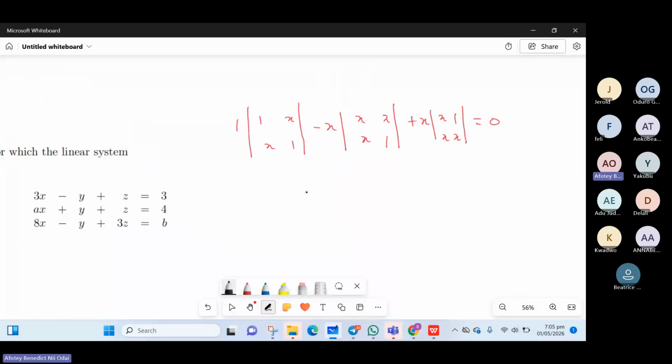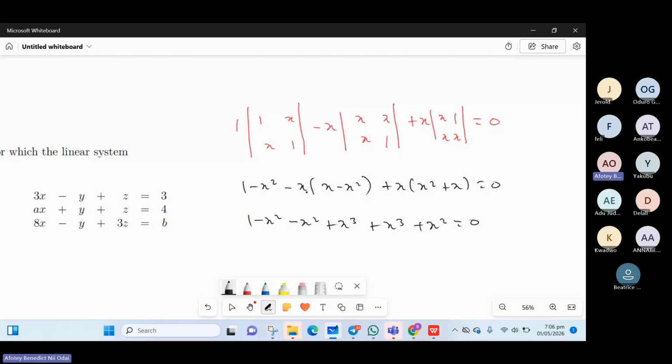So we can quickly go through this. This gives us 1 minus x squared, minus x multiplying the brackets x minus x squared, plus x multiplying x squared plus x, and this is equal to 0. So 1 minus x squared, negative x squared plus x cubed, plus x to the power 3 plus x squared is equal to 0.